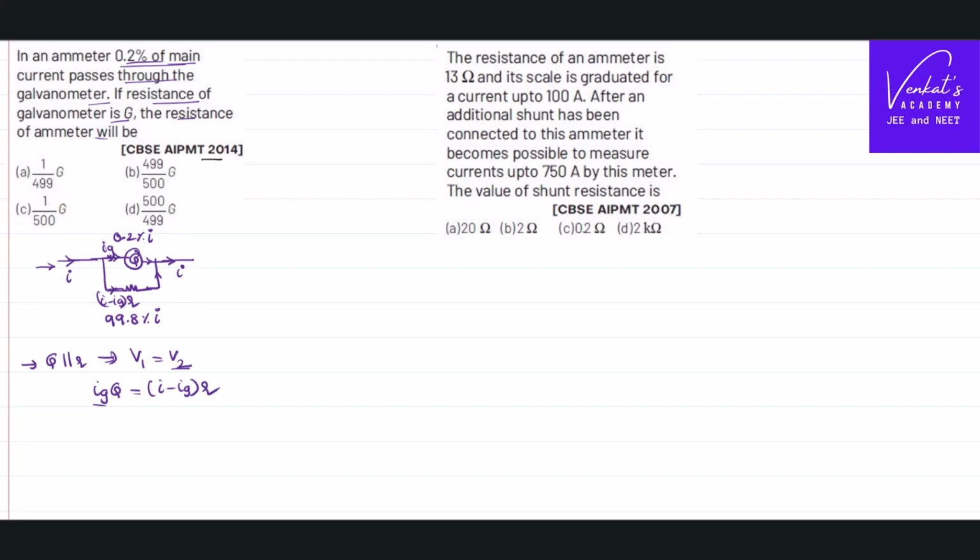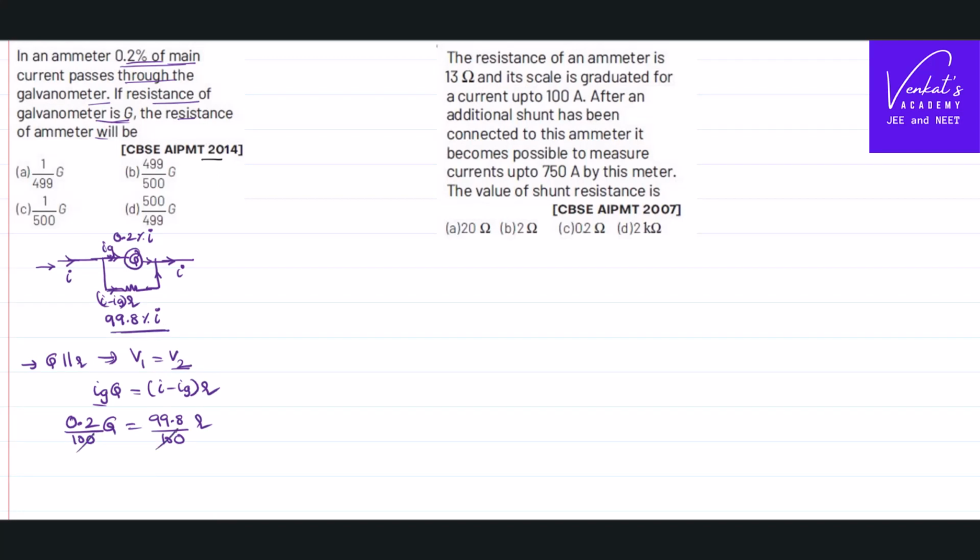But it is given that Ig is 0.2%, that is 0.2 by 100. Let the resistance of the galvanometer be G, as he has given, equal to I minus Ig, which as I said is 99.8%, that is 99.8 by 100, of the resistance R. I have just applied this data.